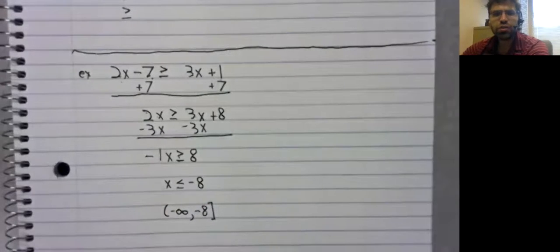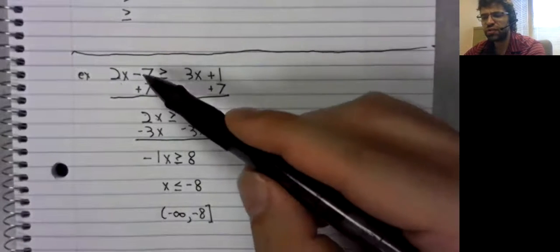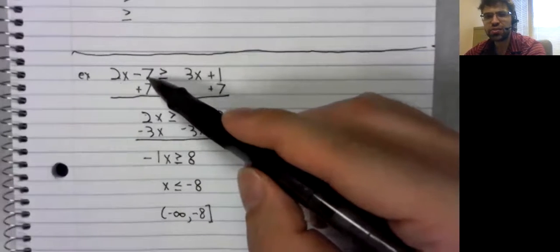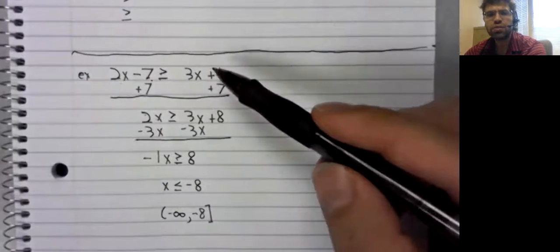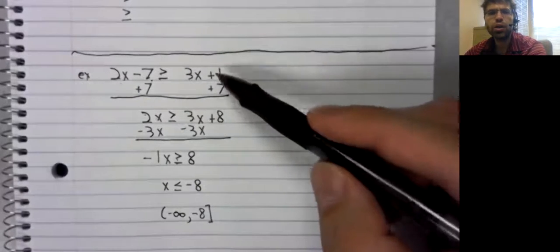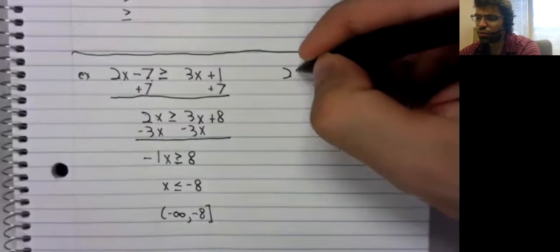In reference to what I said about there being different steps you could perform, maybe at the start of this problem, instead of deciding to take this 7 over here, we decide to take this 1 over here.